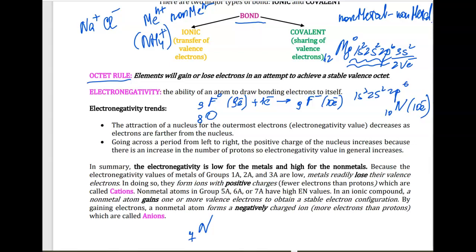Or for oxygen, the same. Its atom has 8 electrons because its atomic number is 8. To become more stable, like neon, it has to gain 2 electrons, correct? And when it gains 2 electrons, it becomes an anion, a negatively charged particle. 2 electrons gives us a 2 negative charge.